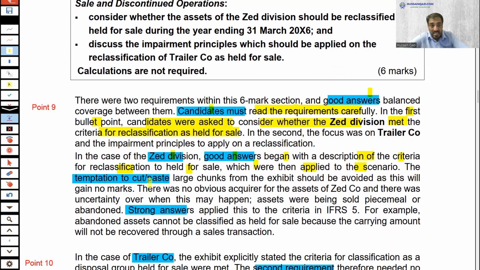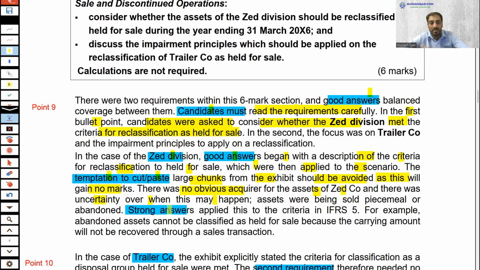Another very important point, the temptation to cut and paste large chunks from the exhibit should be avoided. A limited chunk, just copy paste, you can do that. But large chunks should be avoided, as this will gain no marks. Just copy paste the answer without any relevance, without any significance of the communication, no marks. There was no obvious acquirer of assets of Z, and there was uncertainty over when this may happen.